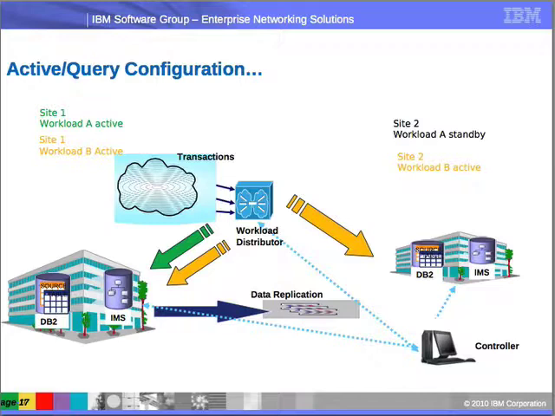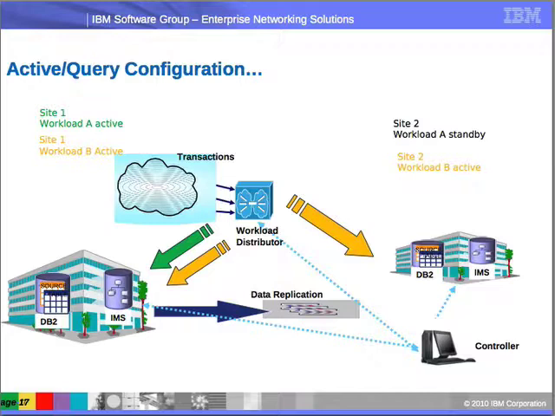So, for example, if the data on Site 2 is falling further and further behind due to replication delays, we may want the workload distributor to start favoring Site 1 more for these query requests because the data is getting stale on the second site. So this is more of kind of a dynamic routing of this workload B depending on the availability of the servers as well as how in sync these two databases are between the sites.